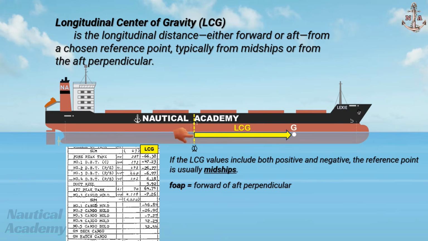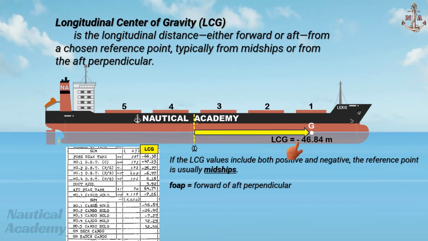To determine whether a particular LCG is forward or aft of midships, we simply look at the physical location of the compartments using a ship's plan. Cargo hold number 1 is clearly located forward of midships, and its LCG is negative. Cargo hold number 5 is located aft of midships, and its LCG is positive.